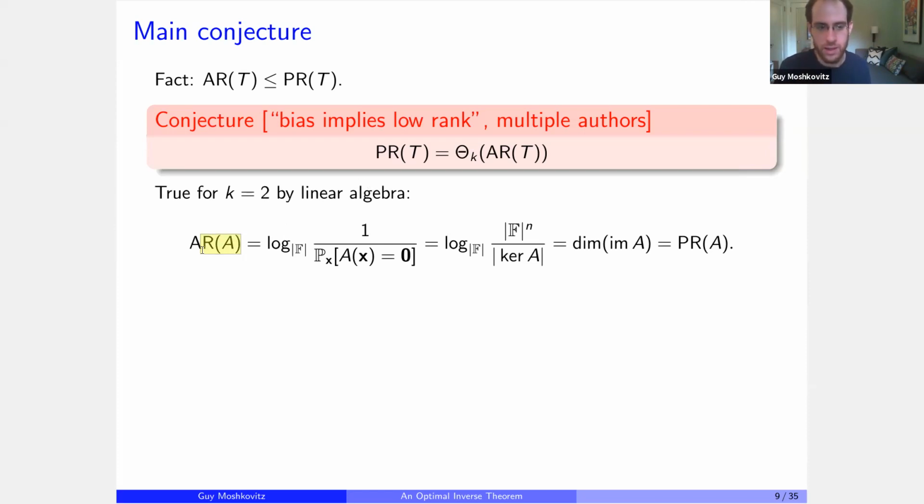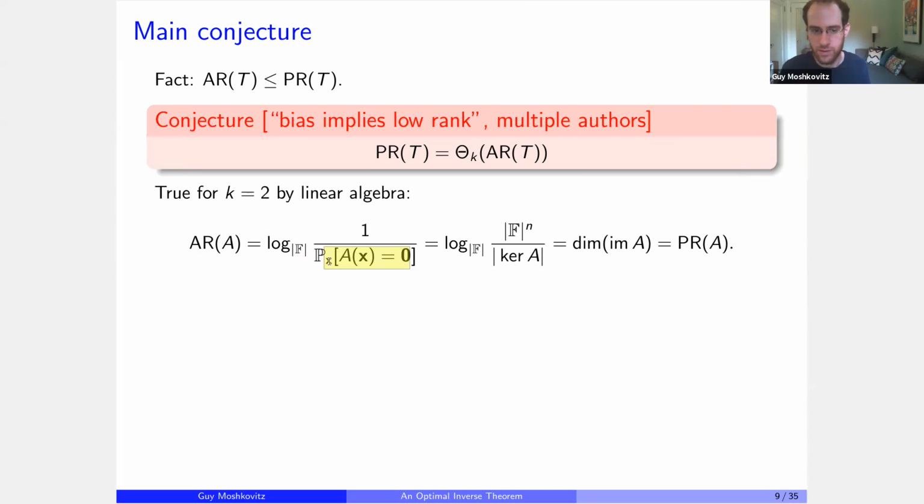So let's see that. The analytic rank, as I said, is just a normalized number of solutions of the corresponding polynomial map. But in this case, the polynomial map is a linear map. So the set of solutions of a linear map is just the kernel, a linear subspace.